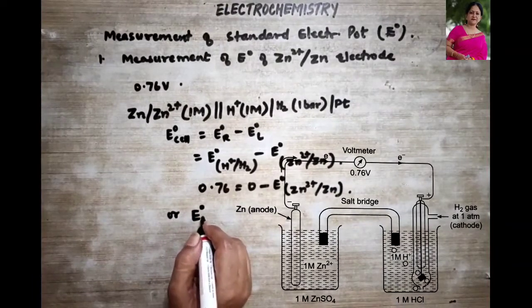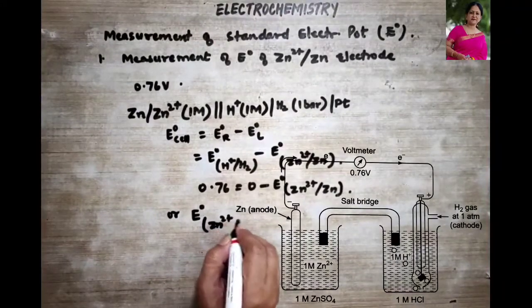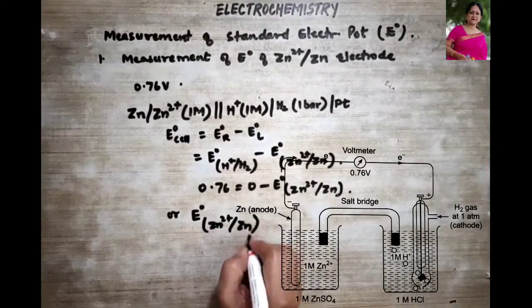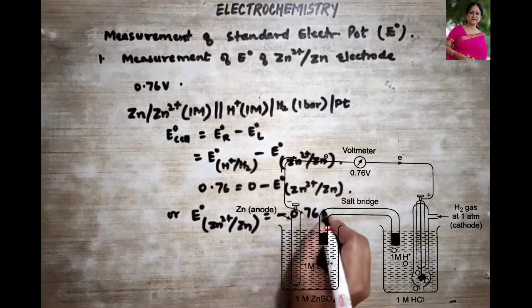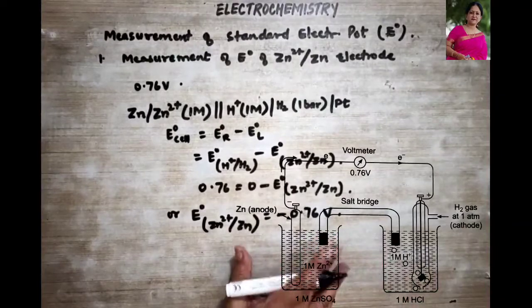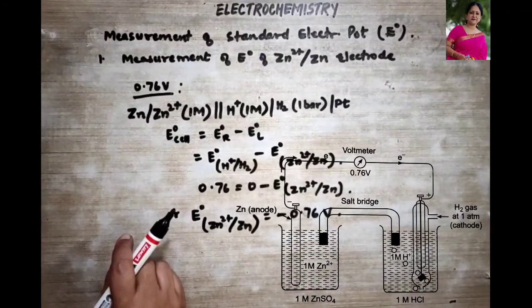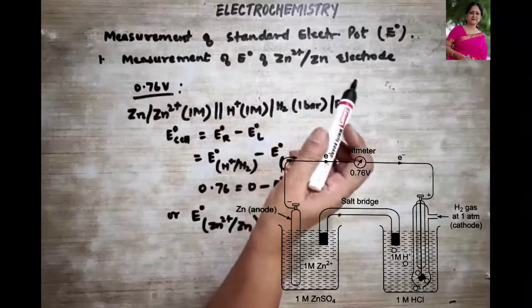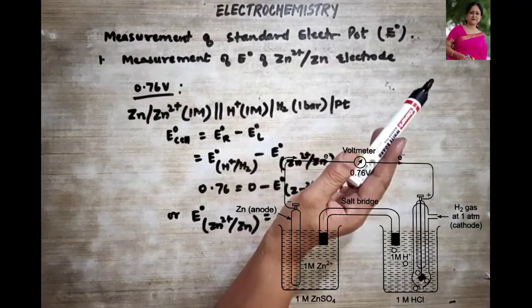The standard electrode potential of zinc ion and zinc is equal to minus 0.76 volts. Okay, this is what I had written before. Clear? This was about the measurement of the zinc electrolyte and the zinc electrode.